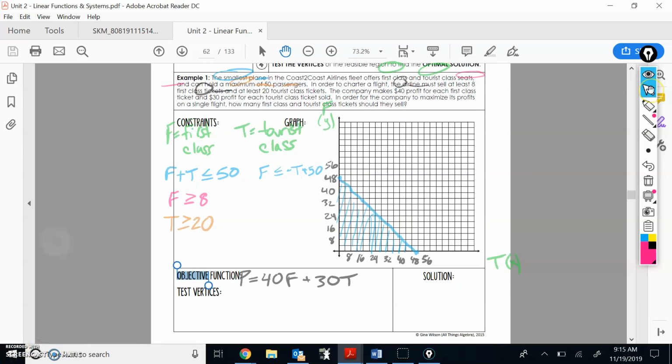Let's do the next one. We got y to be greater than or equal to 8. So at 8, it's going to be a horizontal line, and you're shading above.